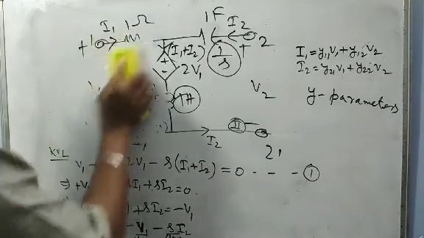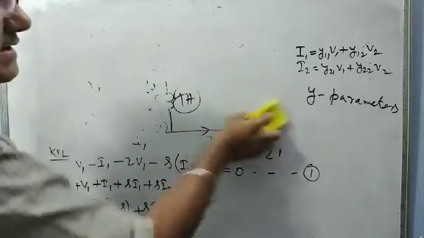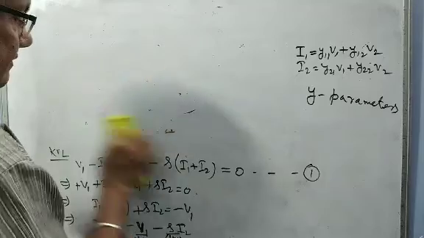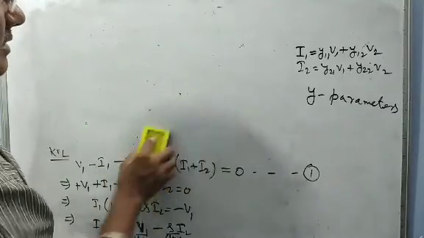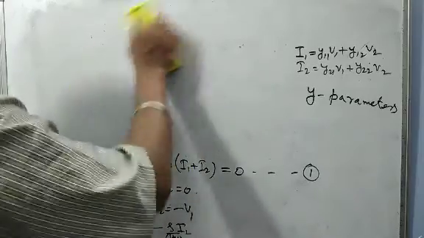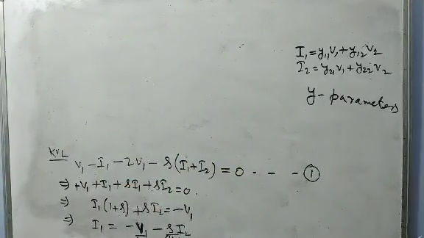So it is all the KVL, KCL interrelationship, and you have to get it. I have rubbed this part, and let me see in the book.